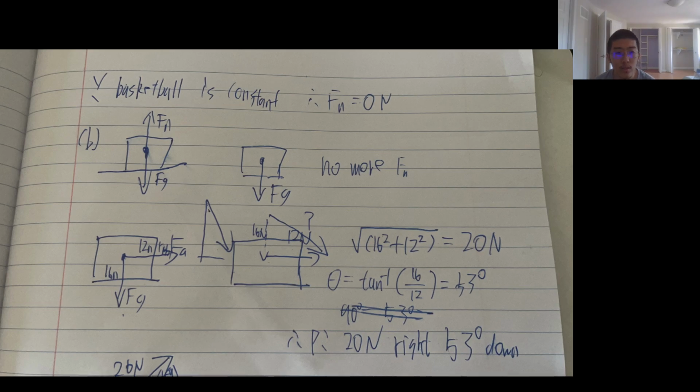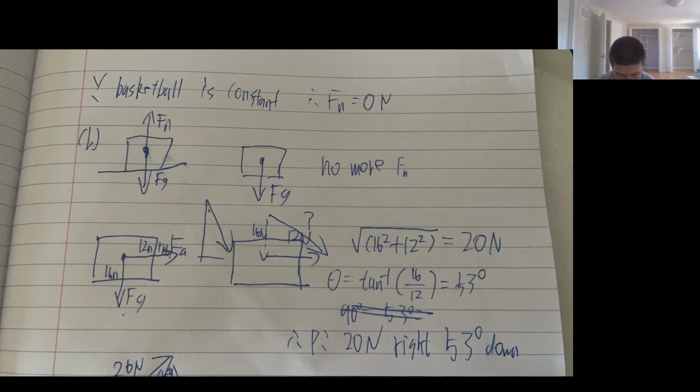And this third question says you push the ball with a force of 12 newtons, right? And you'll be asked to calculate the net force on the ball. In this case, we draw a free body diagram and we can see that we can redraw this 12 newtons, right?